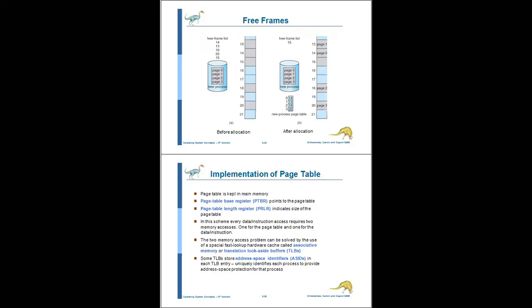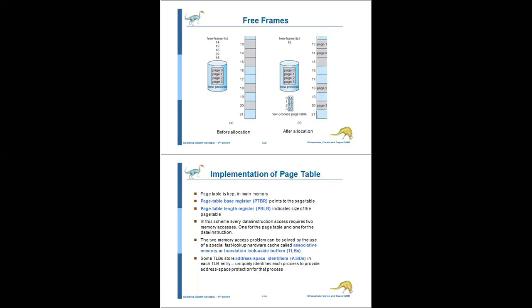PTBR is nothing but the page table base register. It points to the page table. Here, the page table base register affects the time required to access a user memory location.